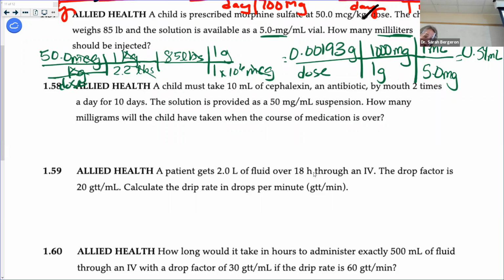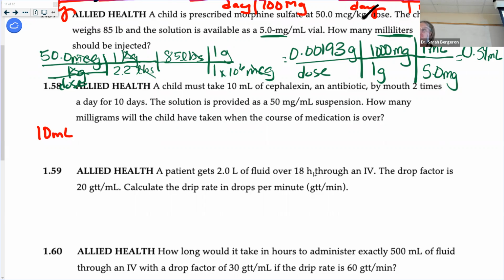Okay, what do we want to start out with? So they're going to take 10 milliliters. Okay, we could start with that. What's next? Do we need to put something on the bottom? Not always.